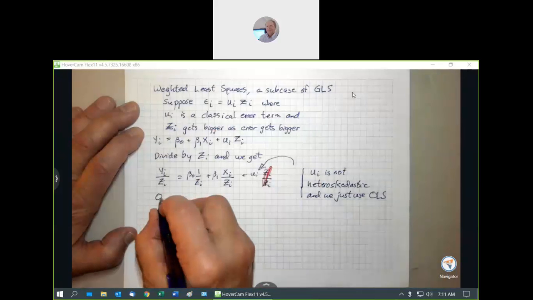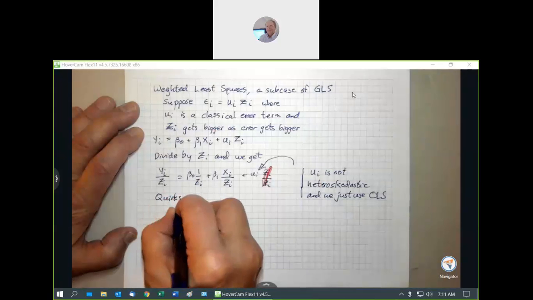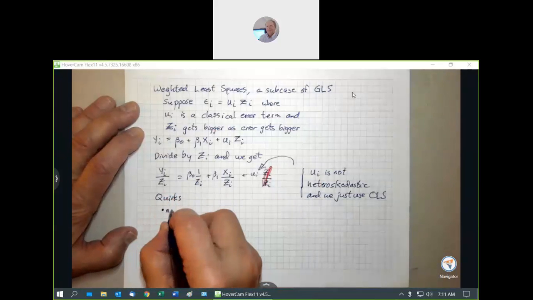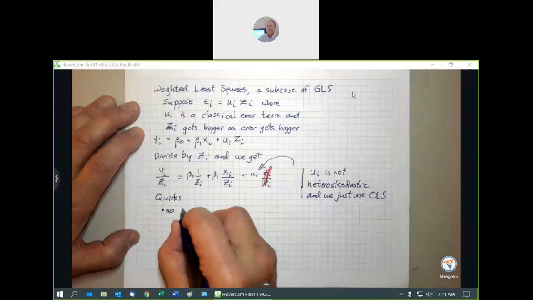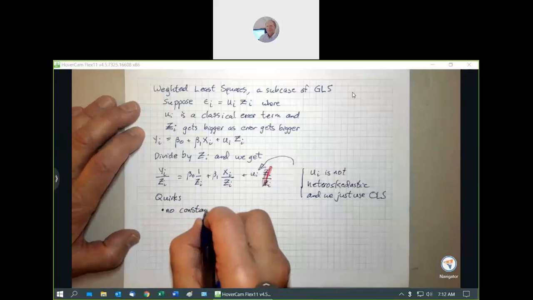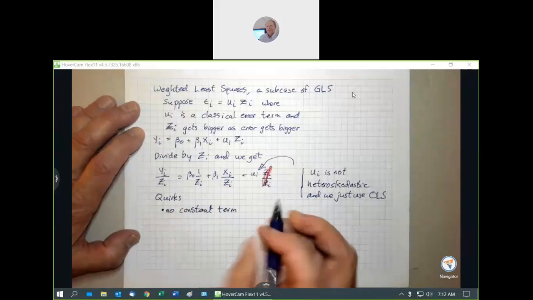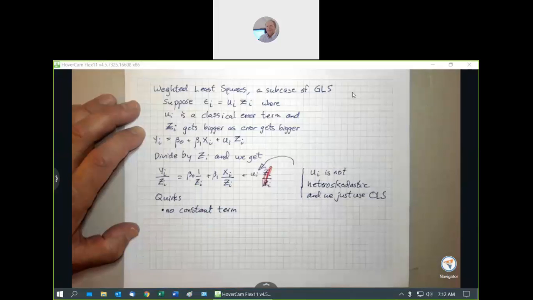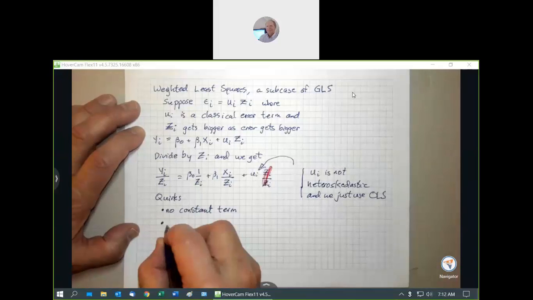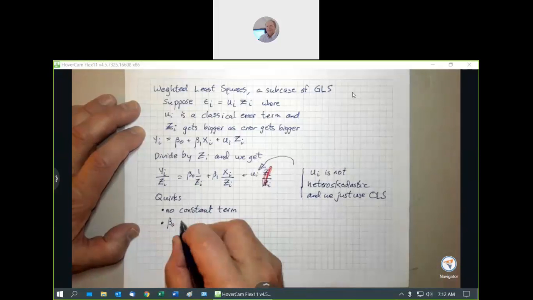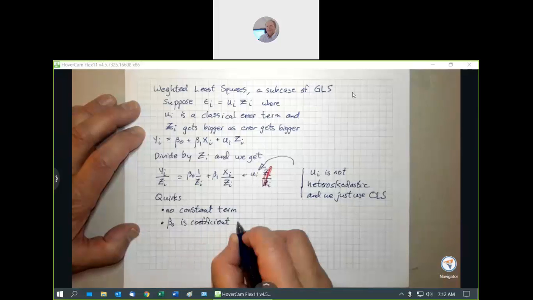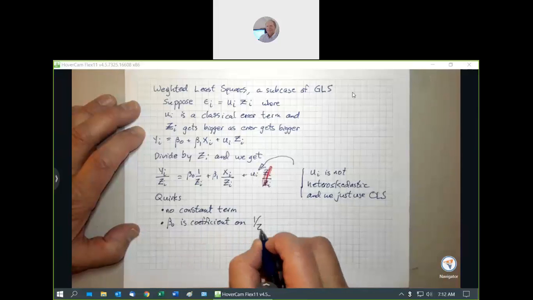But in addition to that, there are a couple of quirks which provide sort of an opportunity to consider how we're actually going to do this. One thing is that the equation as transformed has no constant term. See that? It's got a coefficient on 1 over zi, but it doesn't have a beta 0 sitting out there by itself, so it does not have a constant term. So here, beta 0 is the coefficient on 1 over zi.